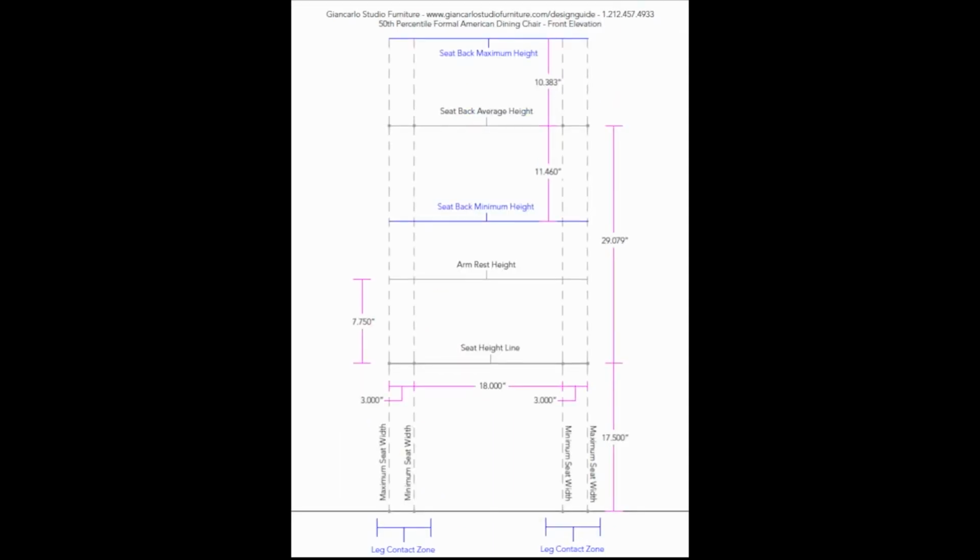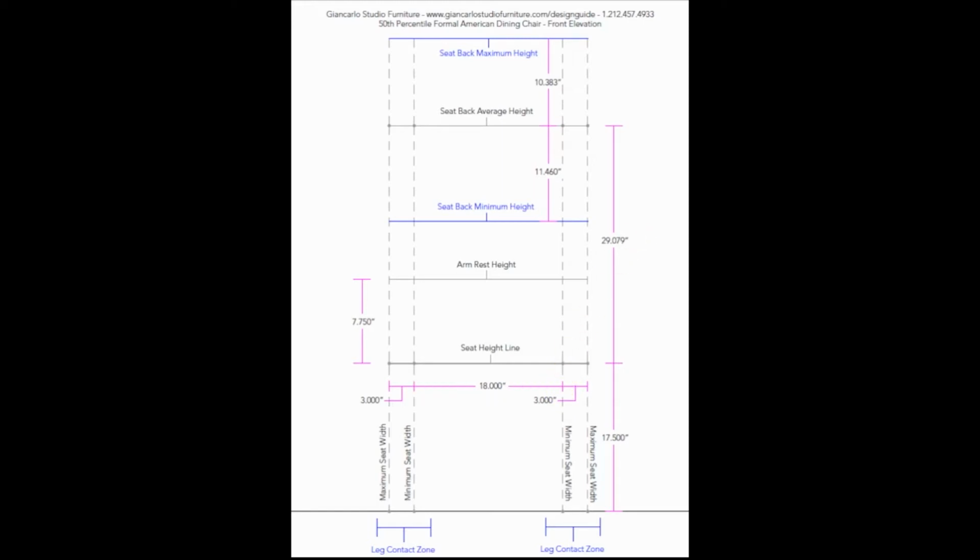Now, we move to the front elevation. The front elevation can also be used as the back elevation. This elevation has all of the same markings and guiding lines as the side elevation, but introduces a critical third dimension, seat width. The minimum seat width for the 95th percentile male is 18 inches when measured at the front of the seat.